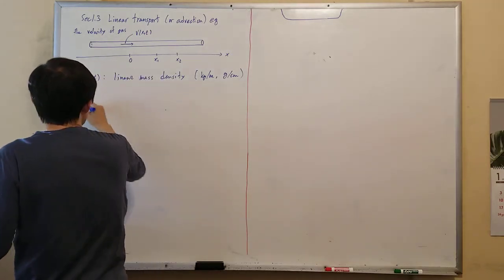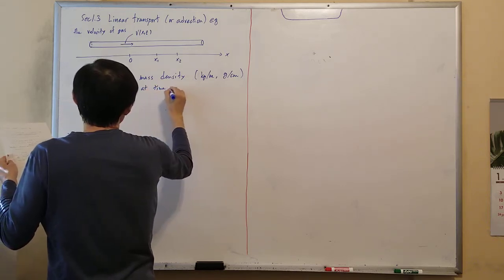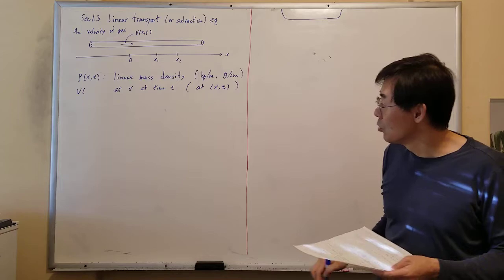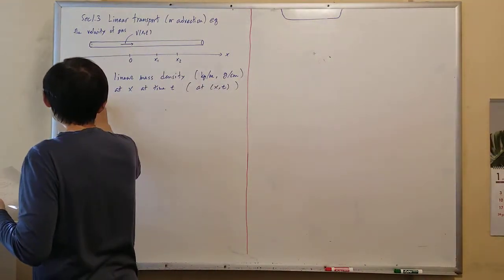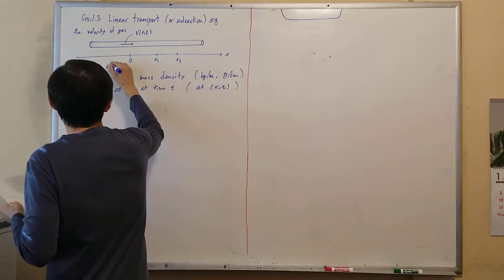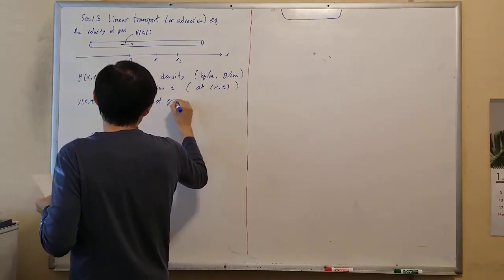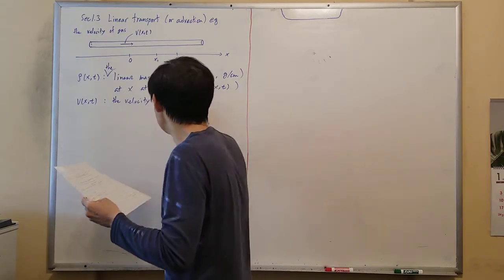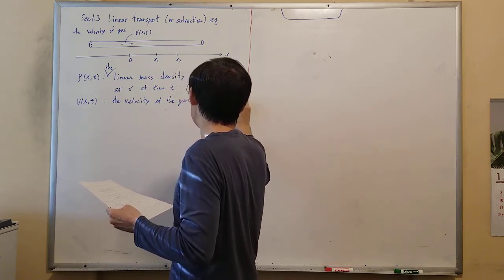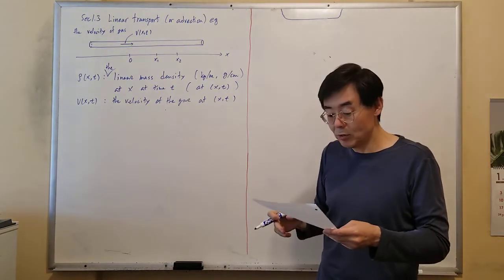And v of x,t is also the velocity of the gas, in meters per second or centimeters per second, depending on the unit.